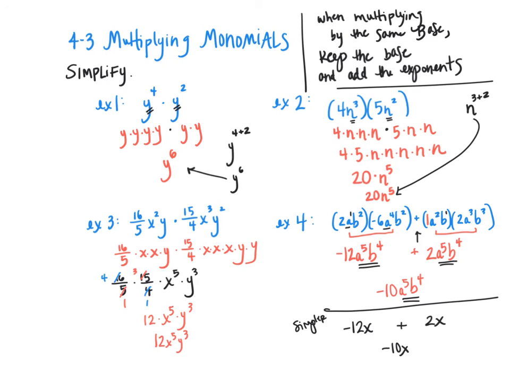So the main thing is just always go back to what does this mean, and then think of simpler problems to help you. Your addition, collecting like terms, and subtraction, those you have to have like terms, whereas you can multiply anything. And so when you're multiplying by the same base, you're going to keep the base and add those exponents.